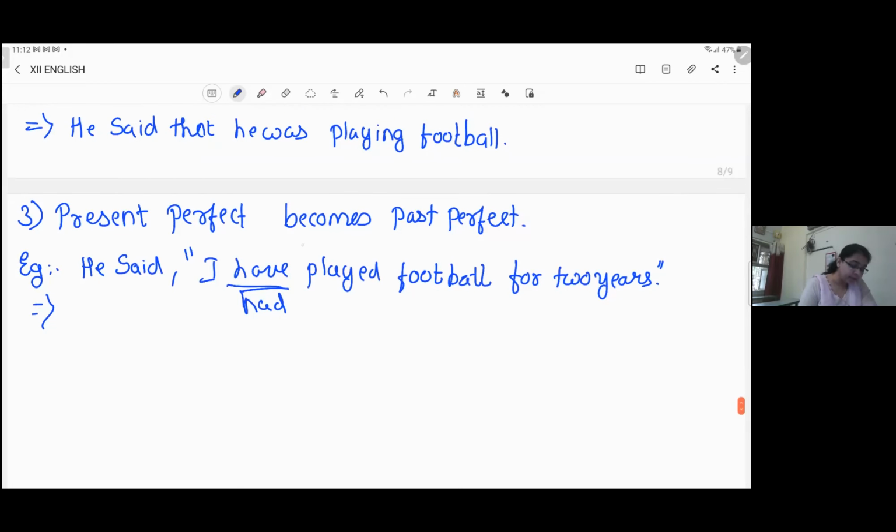See, here we are seeing in the direct sentence present perfect that it is have. But when we are changing it into indirect speech, present perfect will become past perfect, so have will become had. Now what you will write?